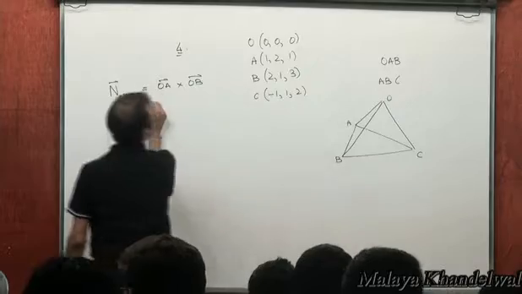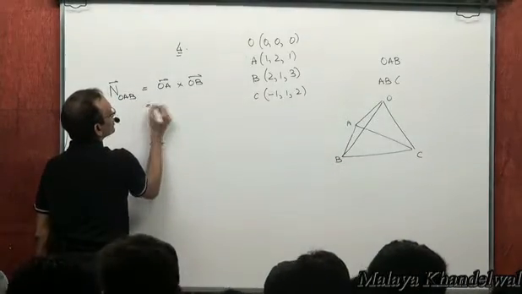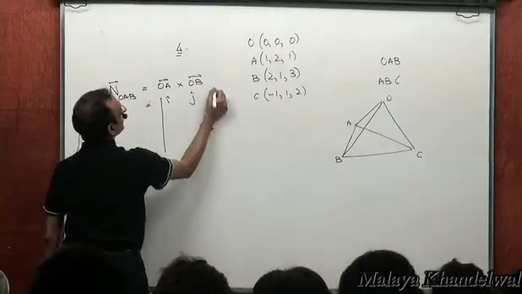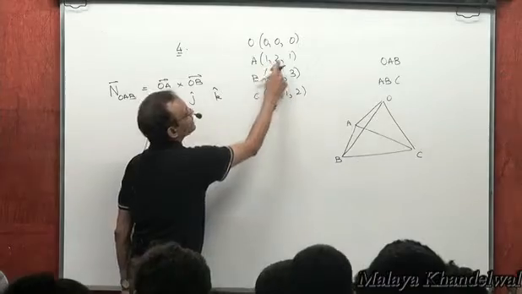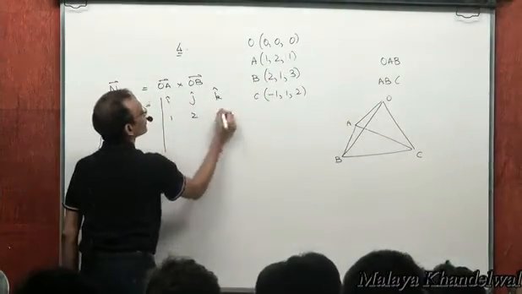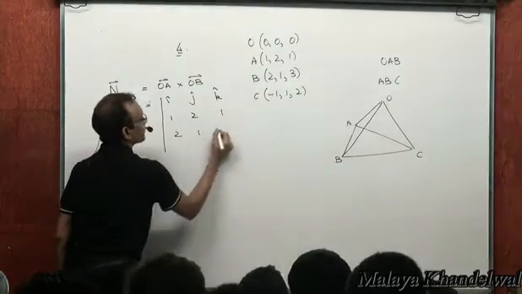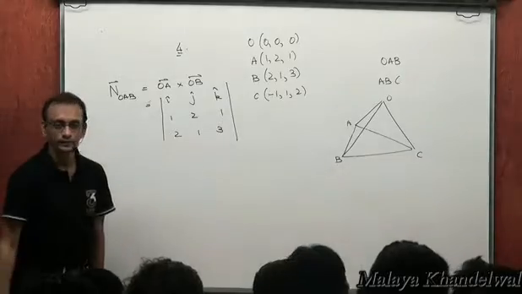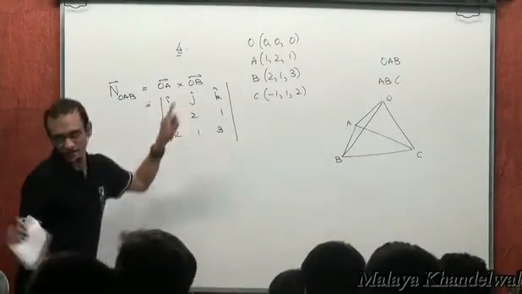OA cross OB means this determinant will turn out to be I, J, K. The vector OA would be actually the position vector of A, I plus 2J plus K, 1, 2, 1. OB, 2, 1, 3. That'll be a normal to OAB. So you can simplify this I into this, minus J into this, plus K into this, etc.